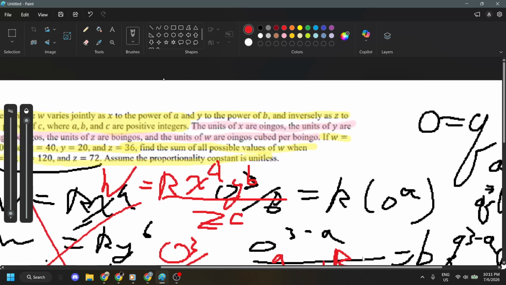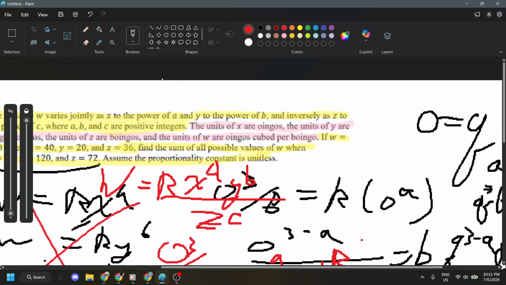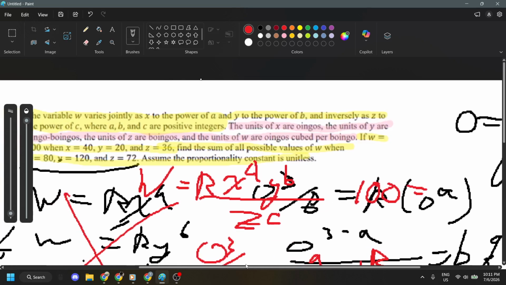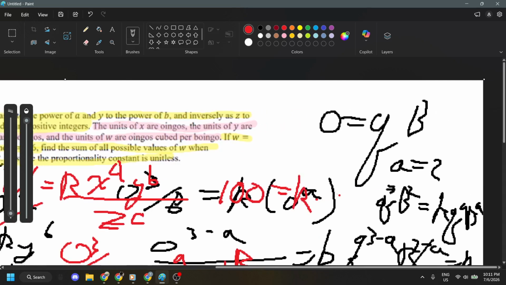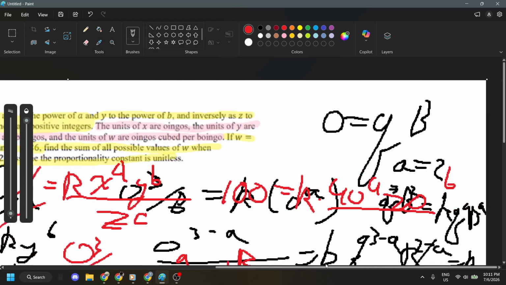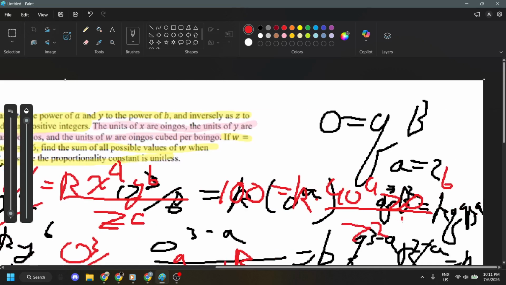But now I actually understand what I was trying to say. So now we say 100 is equal to k times 40 to the a, 20 to the b, over 72 to the c.